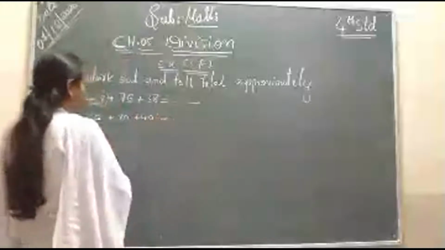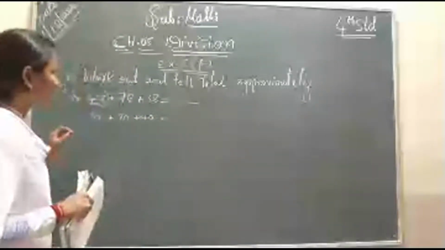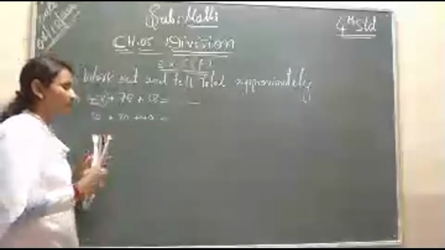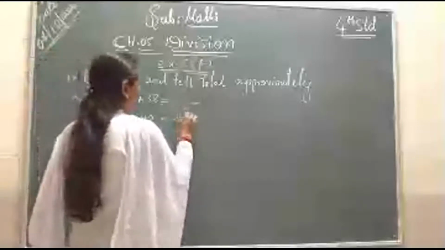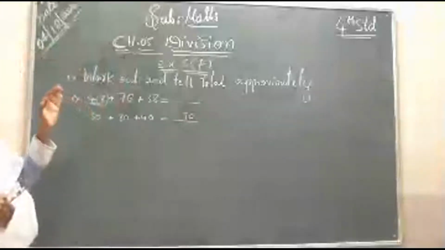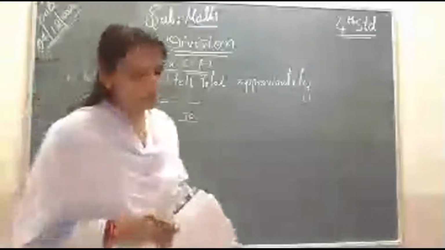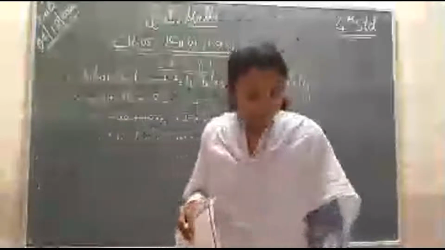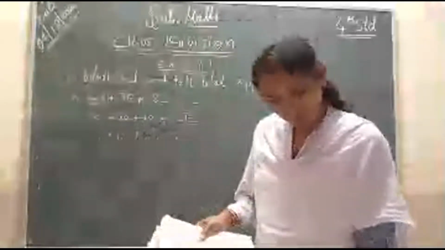Students, count: 80 plus 40 is 120, 120 plus 50, so the result is 170. So the approximate result of 48, 76, 38 is 170.